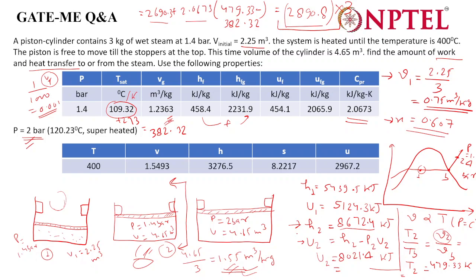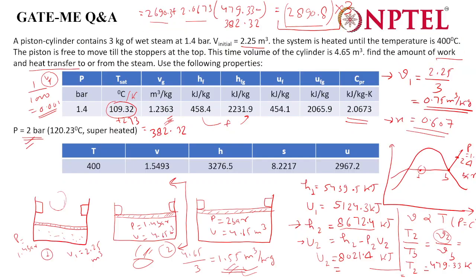Because it is the constant pressure line, we found the temperature first, and after finding the temperature we found the enthalpy and the internal energy. Along with enthalpy we are finding internal energy because we have to find the work done, and work done is the difference of the enthalpy and internal energy, right?